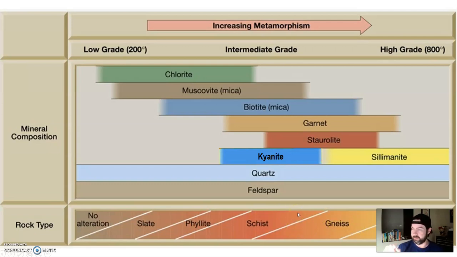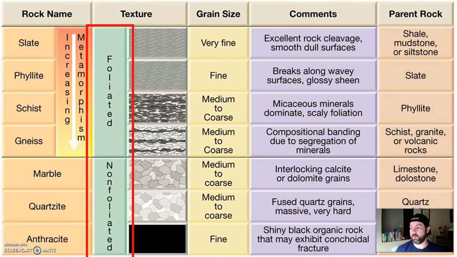So sometimes being able to pick out certain minerals will also help you zoom in and figure out the type of metamorphic rock you're looking at. But probably most easily what we will focus on, when identifying metamorphic rocks, is: is it foliated, bands and or layers, or is it non-foliated? We don't see those things. So that's where we'll typically start it off.